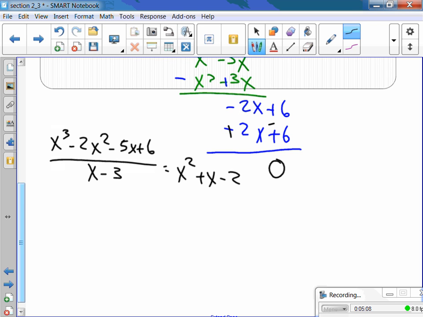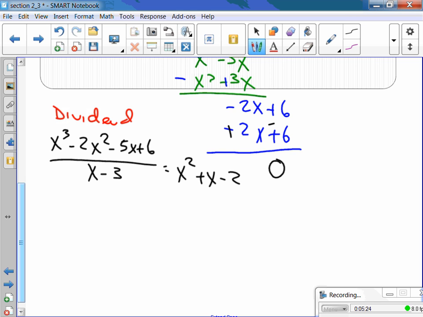So here we had our x cubed minus 2x squared minus 5x plus 6. What is that called? A dividend.